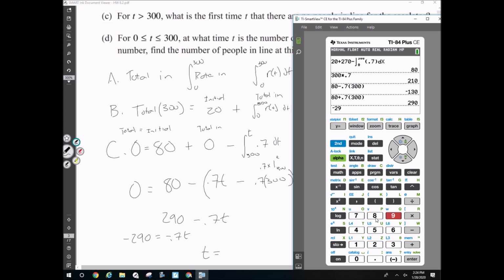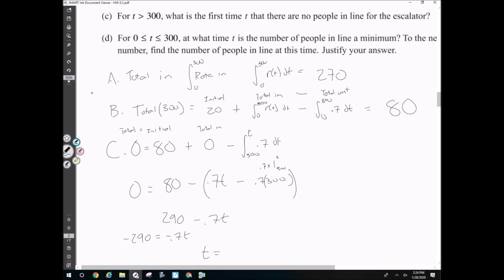Negative 290 divided by negative 0.7 is 414.285 seconds.